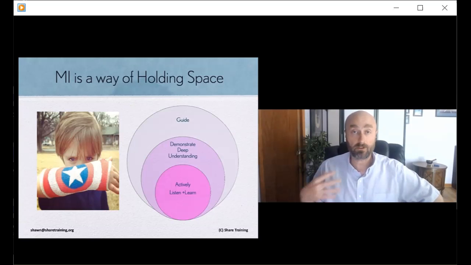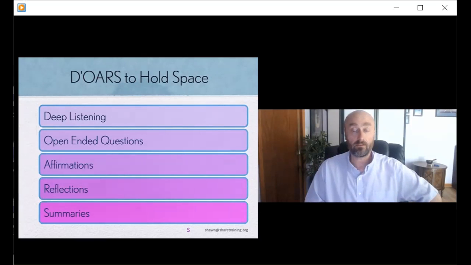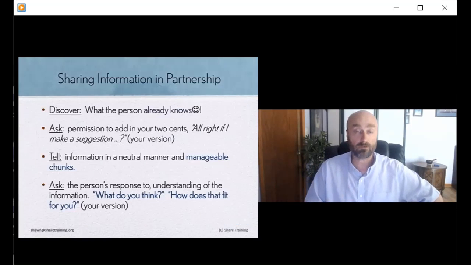So, our job again is just to actively listen, learn, and demonstrate deep understanding. And sometimes that's all we're doing when we're holding space for each other. We don't necessarily need to do a lot of guiding. Usually the person has their own ideas that they can come up with, and we'll get an example of that here in a second. We're using the same verbal behaviors to express that spirit and to hold space as we explored in the last module.